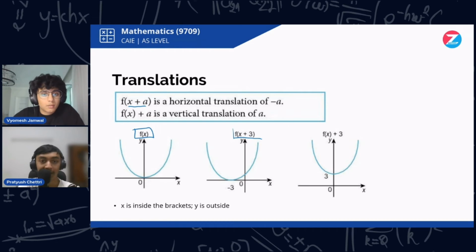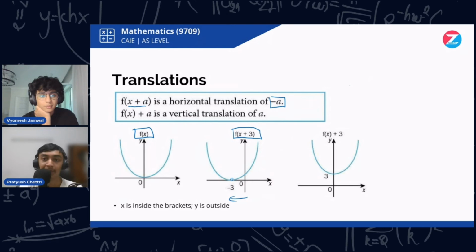We add 3 inside the brackets. We're effectively moving it minus 3 units that side. You can try graphing it out. I think most textbooks have graphing questions on these where you have to draw stuff, and that really helps you understand. But in this case, it's just enough to know that if you add a inside the bracket, it moves in the minus direction, so to the left.